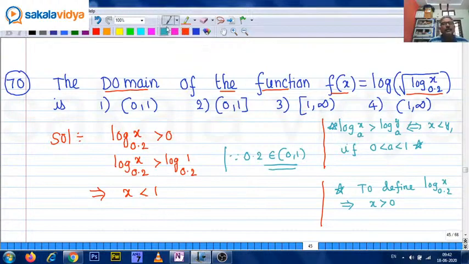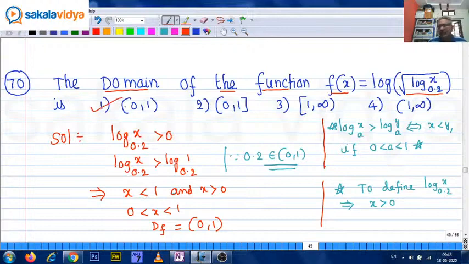And one more condition here: x must be greater than 0. Joining these two, we can write 0 less than x less than 1. Domain of the function is equal to (0, 1).